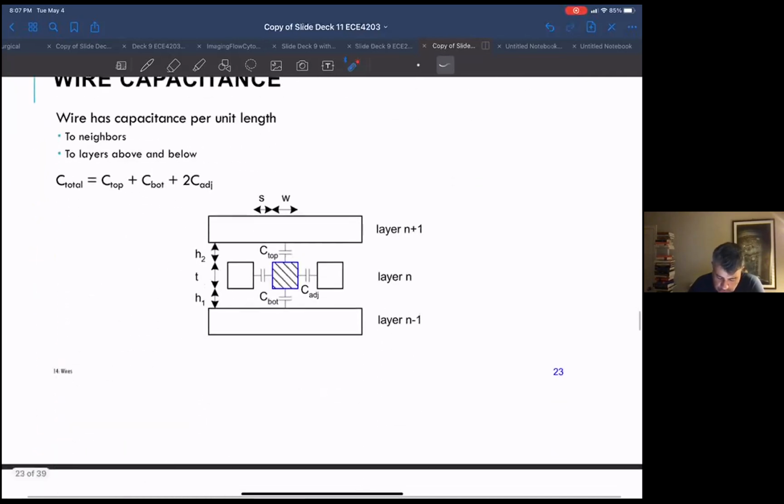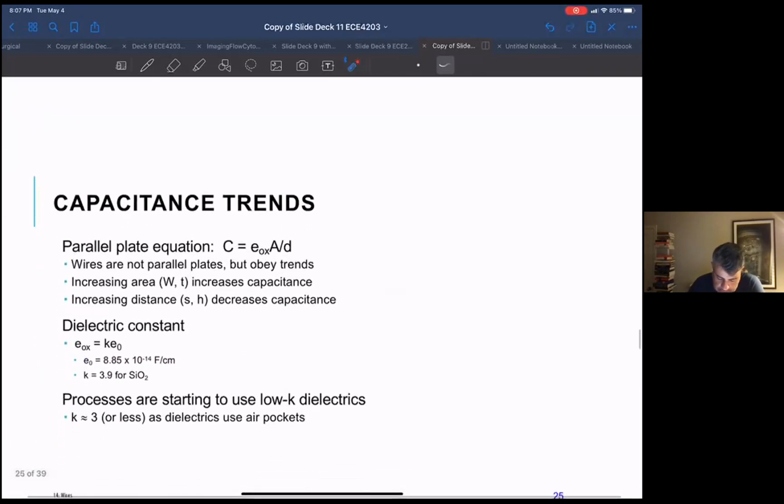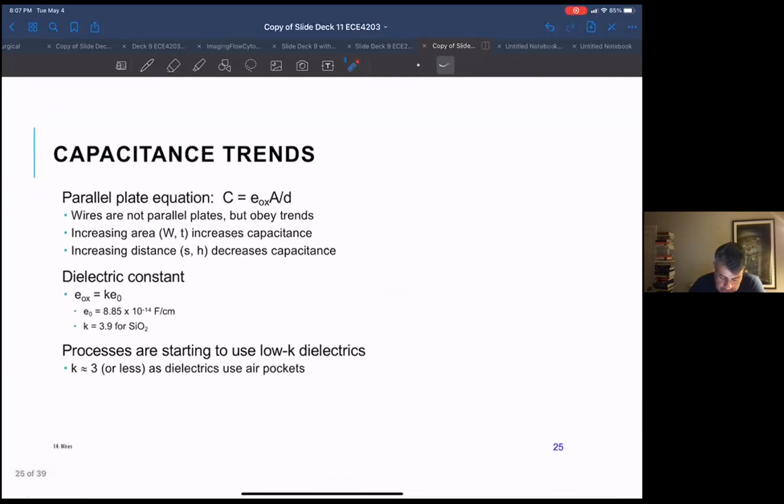So people were looking for and have found lower dielectric constant materials, so-called low K dielectrics, to use as the intermetal dielectric, with a dielectric constant less than silicon dioxide. They go through a lot of pain to go from 3.9 to say 3, but I guess it's still worth it. And one of the interesting things is they use air pockets. So there's just nothing sitting there, just air in between lines. So hard to visualize.